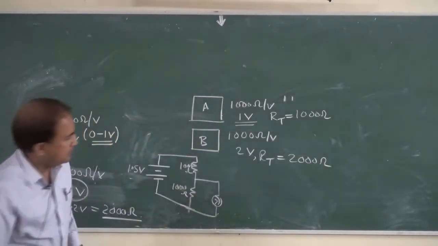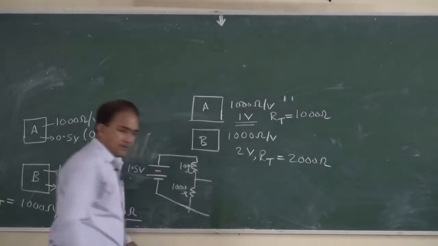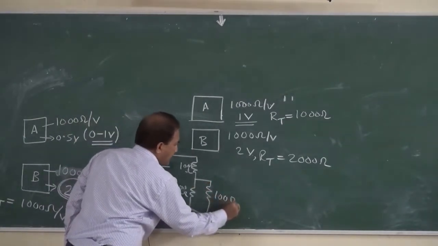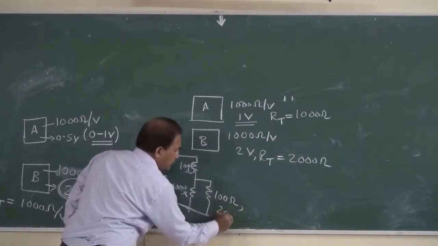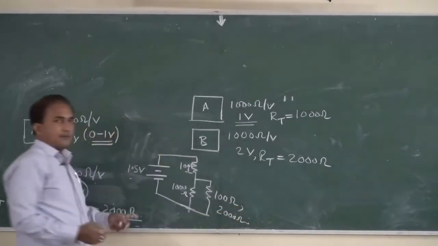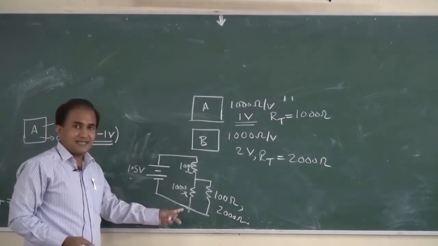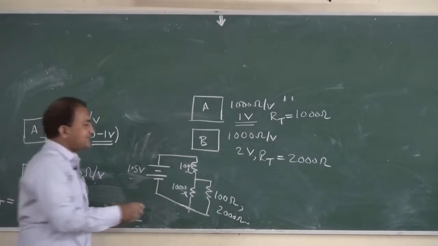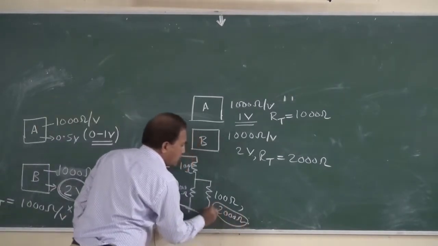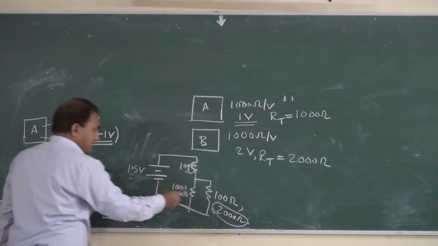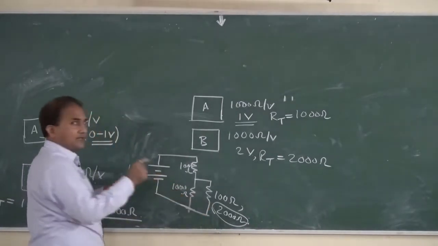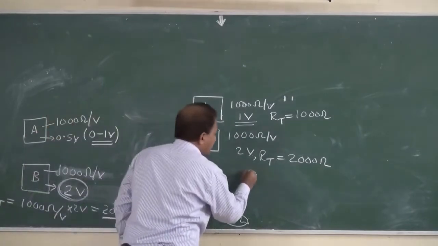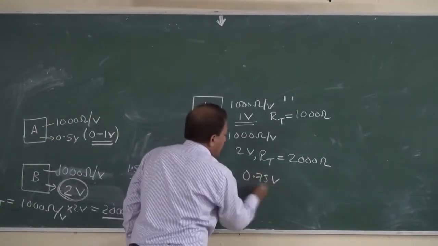So in one case it is 1000 ohm and in the other case it is 2000 ohm. So the total resistance will change. You can see if we are using 2000 ohm here, then this meter will show much closer to 2.75 volt.